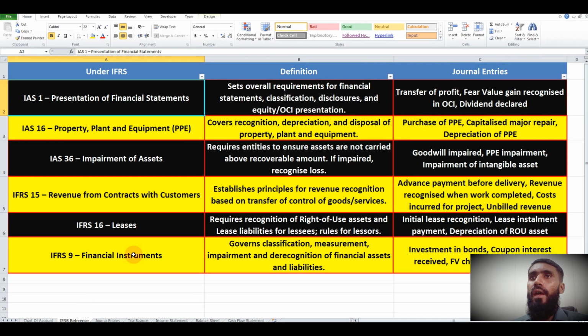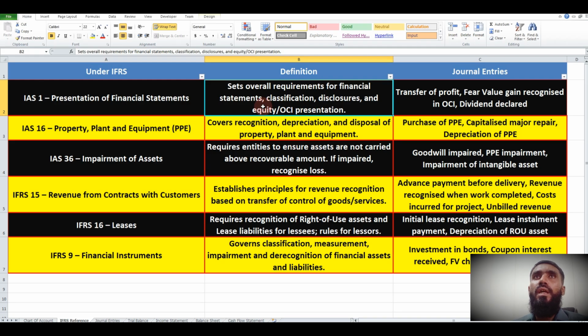First, we have to know what IFRS is, what the definition is, and where we pass the entries. Under IFRS, IAS 1, International Accounting Standards 1, presentation of financial statements.